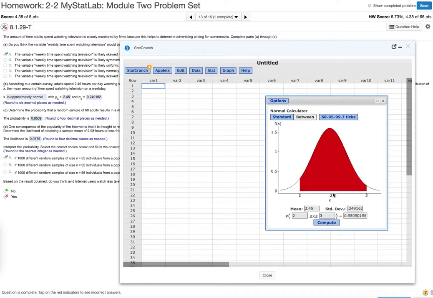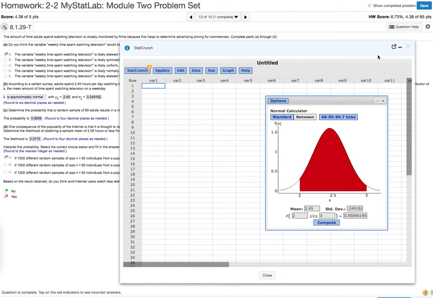So here is the actual mean, and that's, of course, in the middle, and that's the overall average, and then between 2 and 3 hours, and then here is our probability that that happens, and that's this area under the curve. So you can see it's most of the area under the curve. So we just put that in, that probability is very high. It's 0.9509. And I rounded to the fourth decimal place.